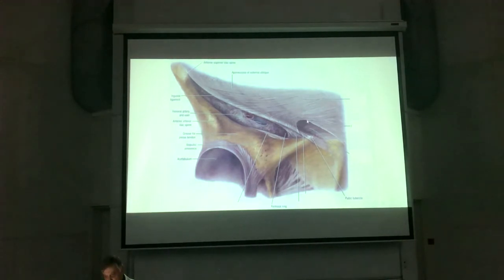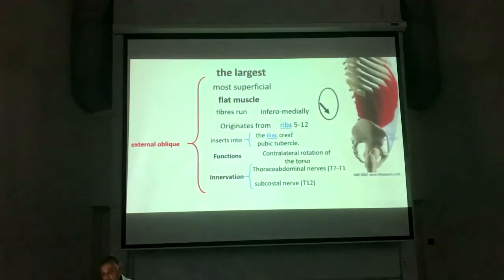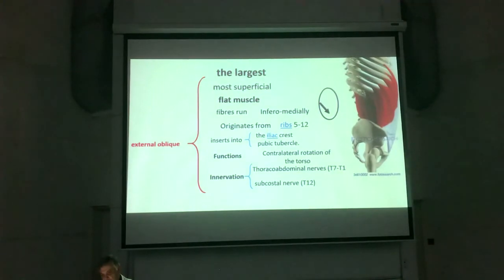It has a hole for the inguinal canal, and there's a ligament here called the lacunar ligament. We will be talking about this when we talk about hernia. Here is some information. It's the largest, most superficial, flat muscle, and this is the origin and insertion.